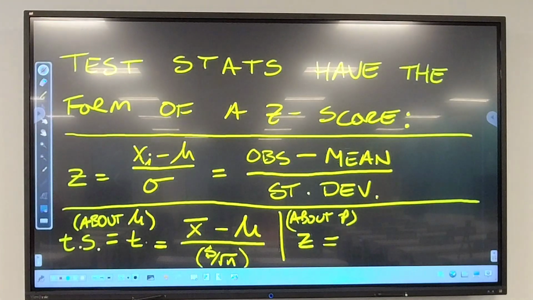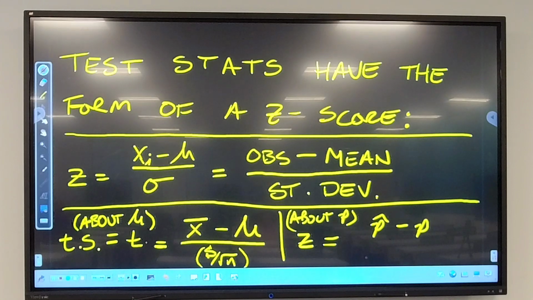And it had the same format. We observe some p hat, the proportion that we saw happen in our sample, minus the claim of the average proportion, and then it was divided by the standard deviation of the proportion.